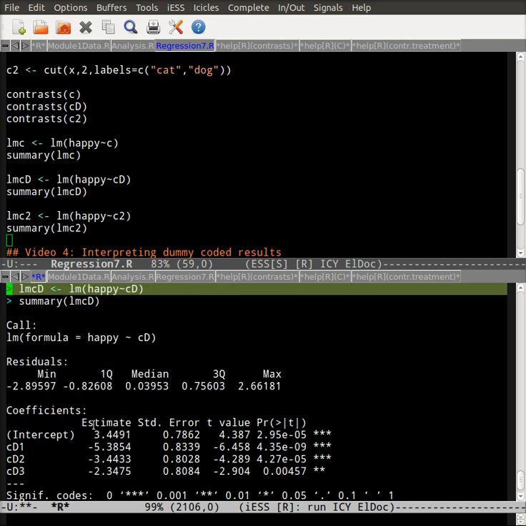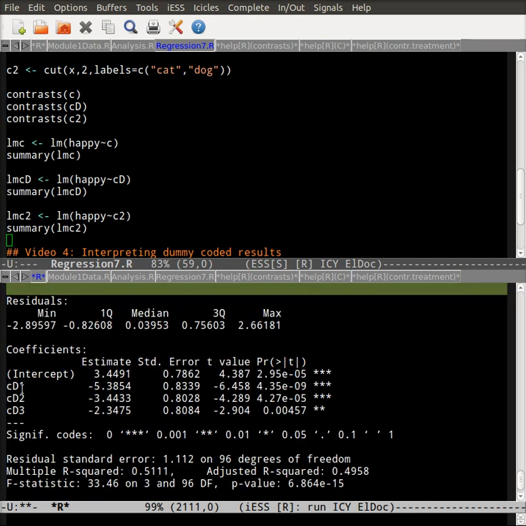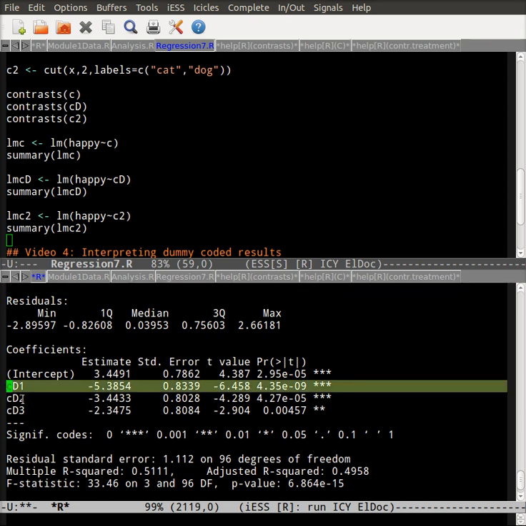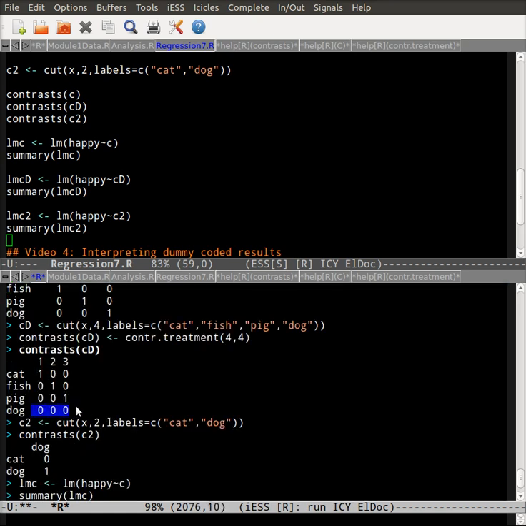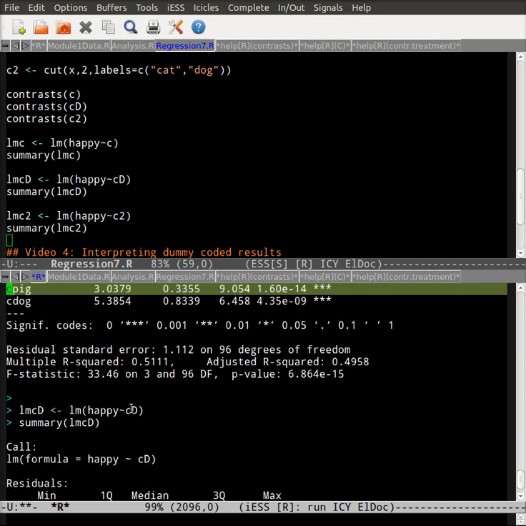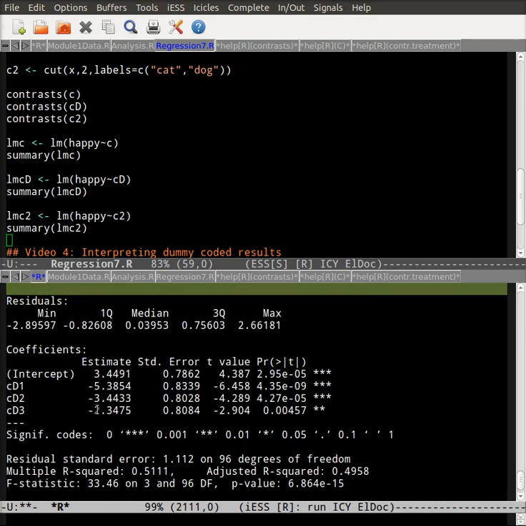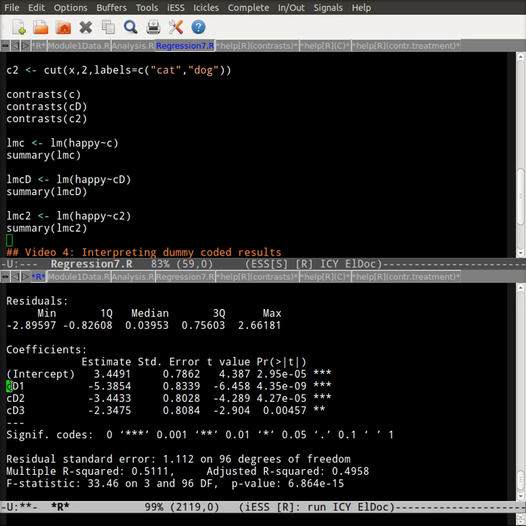Then I go to C dog, okay, CD, and you'll notice that now it's replaced with CD1, CD2, and CD3. And we need to know what the contrast matrix is in order to interpret that. So remember that 1 is cat versus dog, 2 is fish versus dog, 3 is pig versus dog. So if I go up here, after looking at that, now I know this is cat versus dog, minus 5.4.